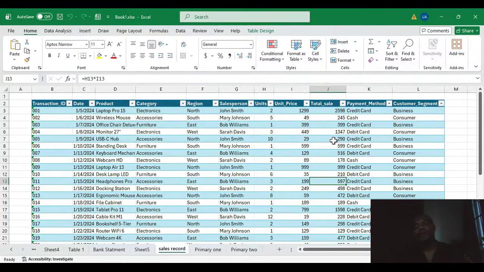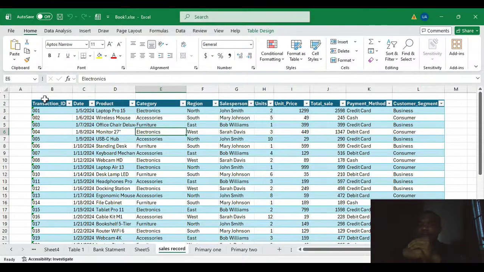Let's look at it. First of all, one of the questions I want you to look at is what is pivot table. We know that there are different ways that pivot table has been used, and one of them is for analysis.